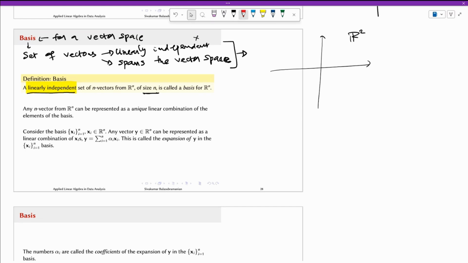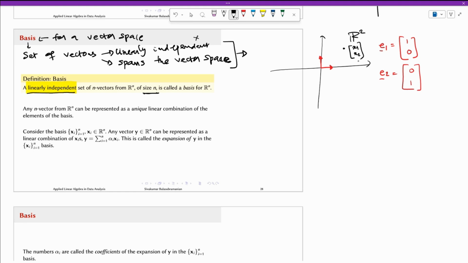For now, I'll take, let's say, this vector, this vector. Okay, and these are essentially the E1 and E2 vectors. E1 is 1, 0. E2 is 0, 1. Okay. Now, if I want to produce any vector x1, x2, I can use E1 and E2. So E1 and E2 are linearly independent. We saw earlier in the tutorial, right?